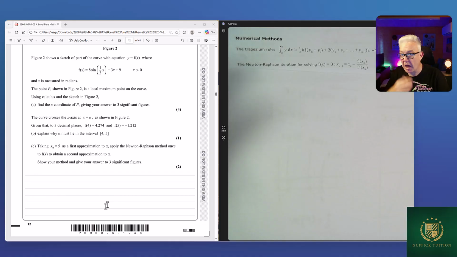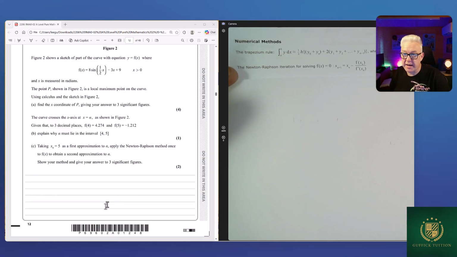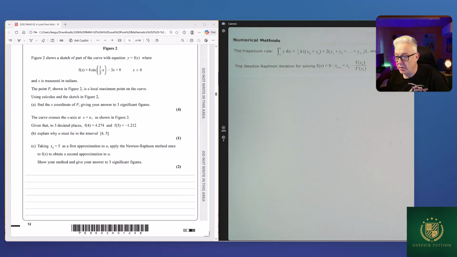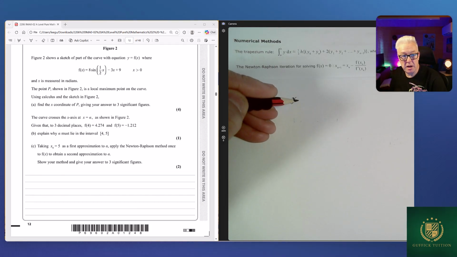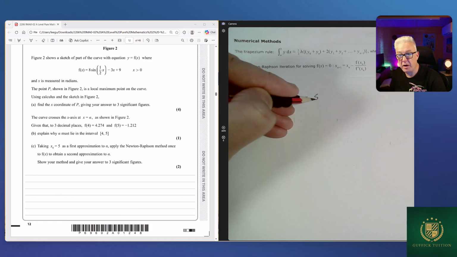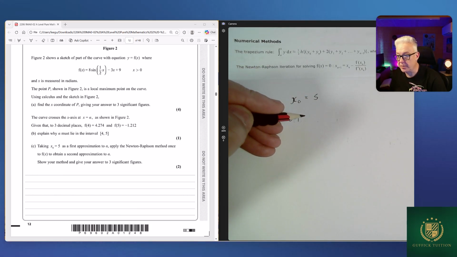Okay, and what have we got? We have got the following. x(n+1) is equal to xn minus f of xn over f dashed of xn. So we've been given that x0 is equal to 5 and we want to find x1, which is going to be our second approximation.